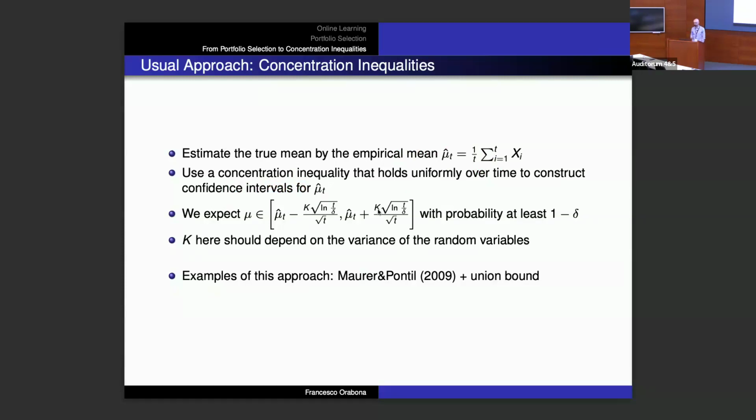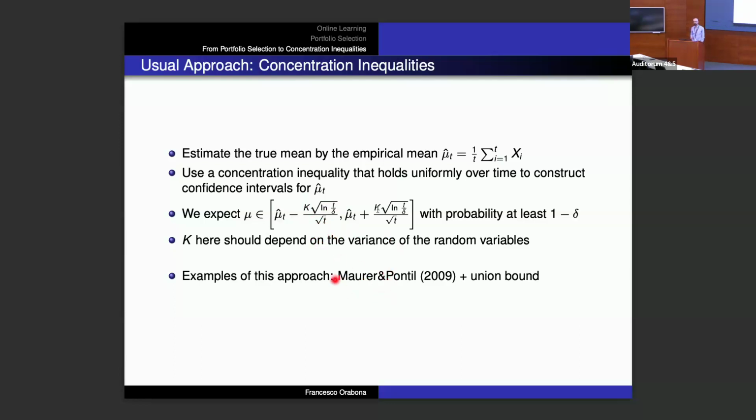So after t iterations, the unknown mean will be in this interval, where this is my empirical estimate, and this is the confidence that I get from my concentration inequality. Kappa here will depend on the variance of the random variable, and there is log of t over delta, divided by square root of t. Everything is standard here. There is nothing really new.